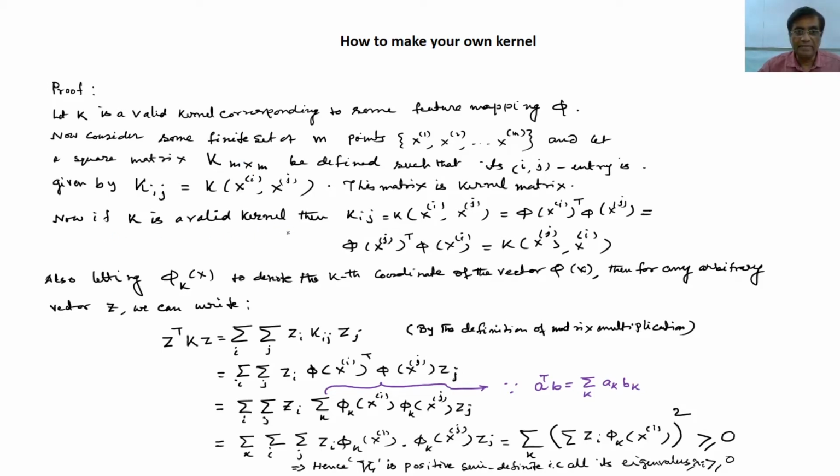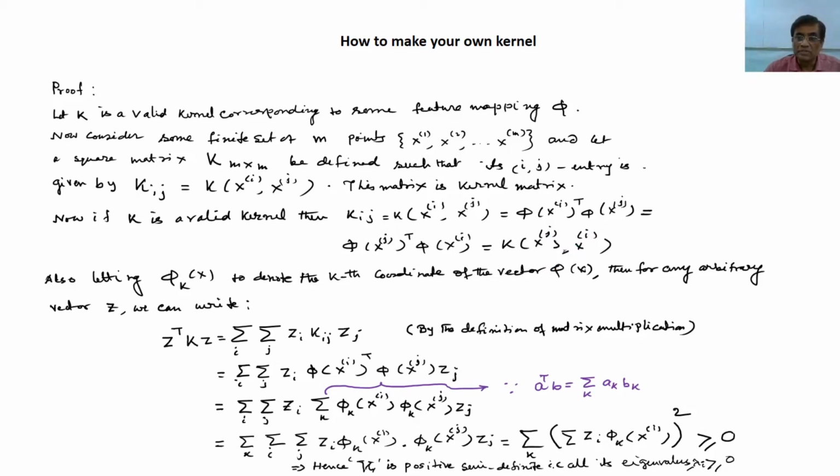So if K is a valid kernel, then its entry Kij should be equal to K of xi, xj, equal to phi xi transpose phi xj, equal to phi xj transpose phi xi, equal to K of xj, xi, okay.